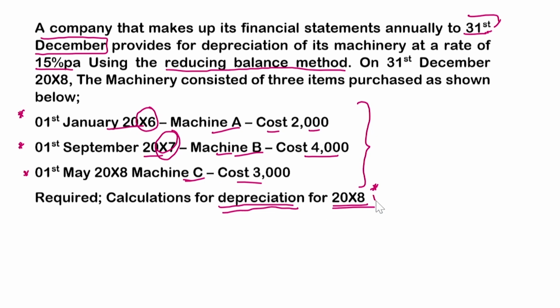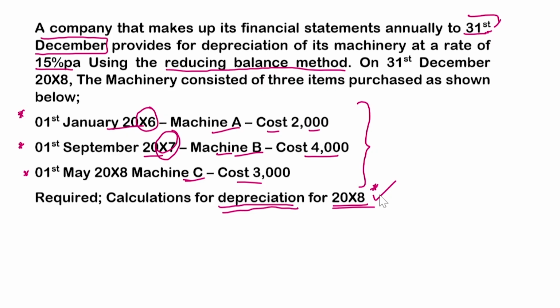That is how we arrive at the correct depreciation for 2018, because these things build on each other. The depreciation of the previous year affects the depreciation of the current year, and the current year will affect the next year.